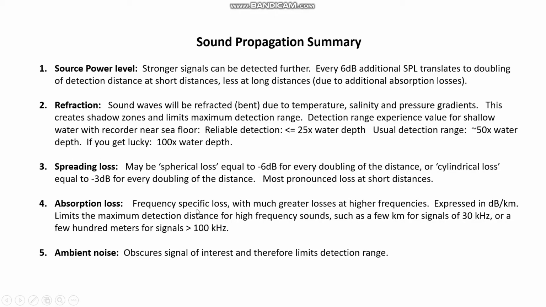Spreading losses. Those losses may be spherical, which means you have a 6 dB loss for every doubling of the distance. So it's more pronounced at short distances. Or cylindrical loss, you can assume minus 3 dB for every doubling of distance. I like to always assume 6 dB, to be on the conservative side.